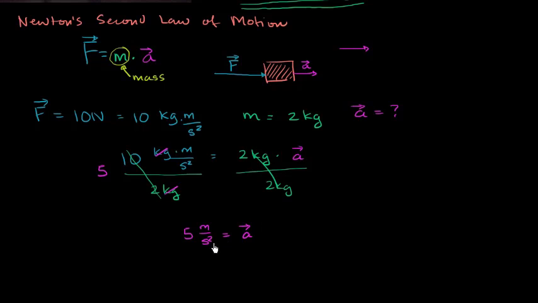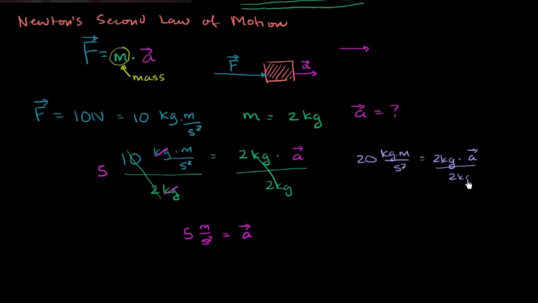And that's equal to your acceleration. Now, just for fun, what happens if I double that force? Well, then I have 20 newtons, which is 20 kilogram meters per second squared, equal to 2 kilograms times the acceleration.